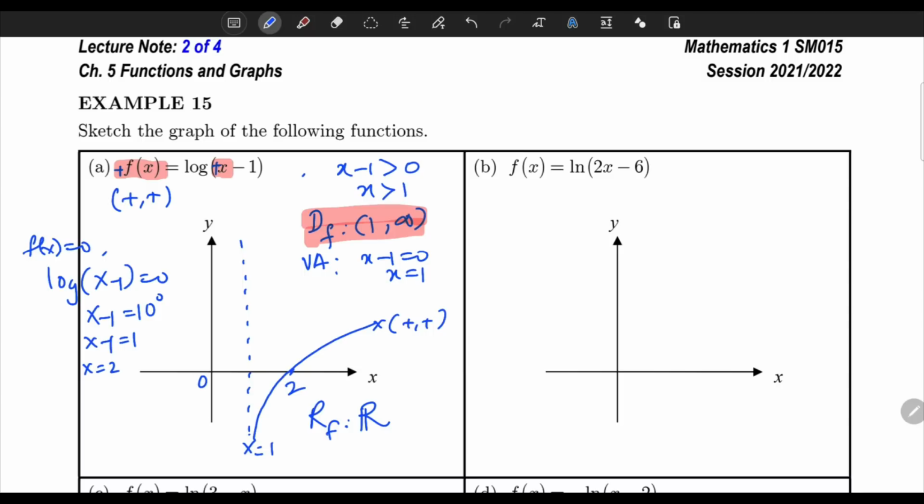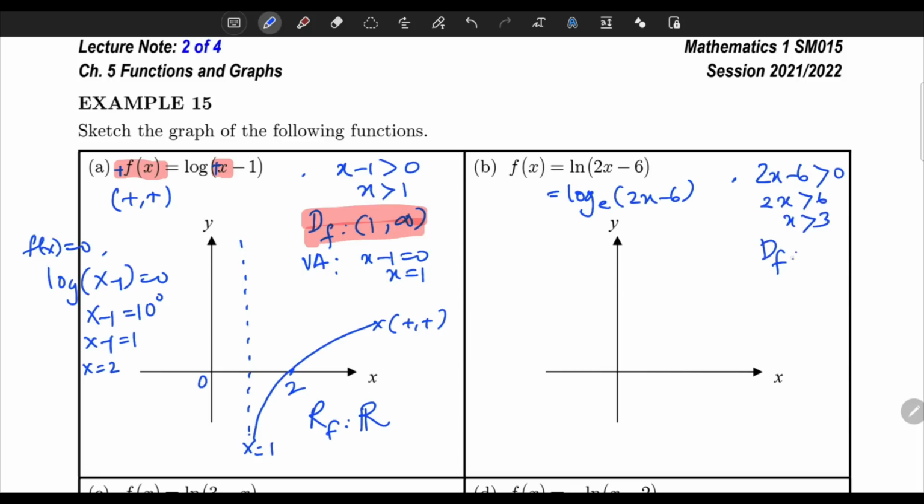Done. Okay. Look at B, you have f(x) equals ln of 2x minus 6. So this ln is actually log of 2x minus 6 base e. Make sure you know this. So again, we would use 2x minus 6 greater than 0. So 2x greater than 6, so x greater than 3.